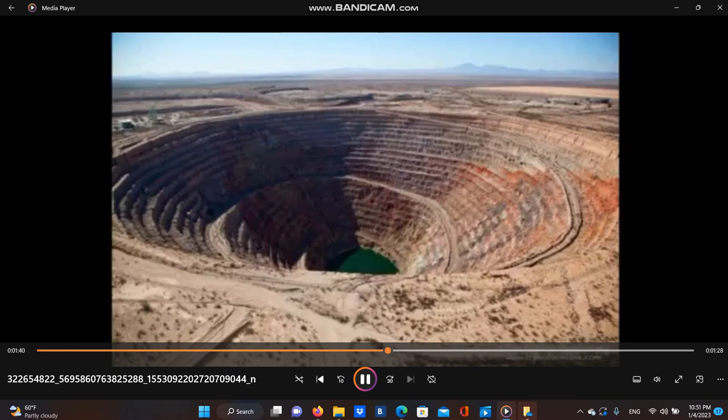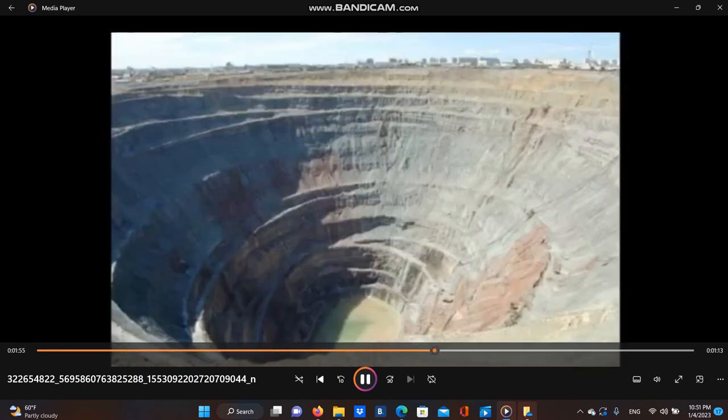Let's move to the other type. Okay, this type looks like open pit, but it's called strip mining. Strip mining is employed in coal reservoirs where the overburden is removed in rectangular blocks in plain view, called pits or strips.